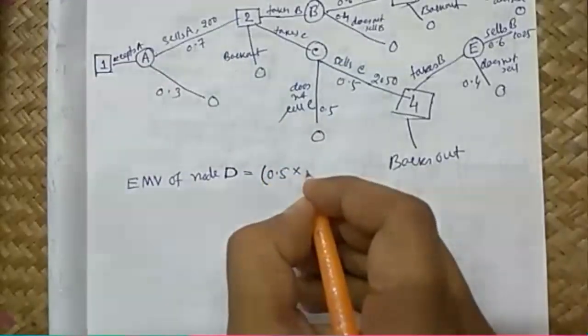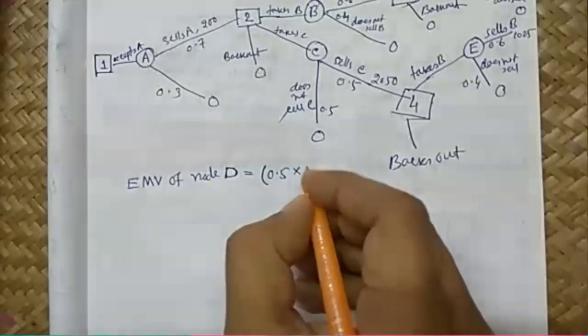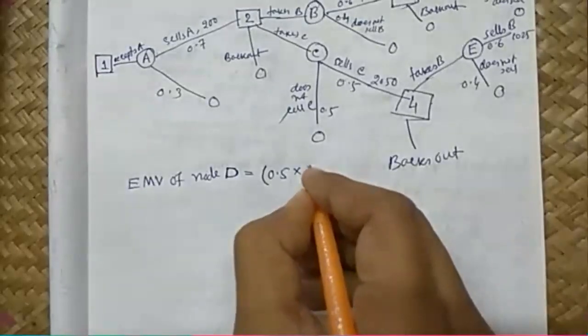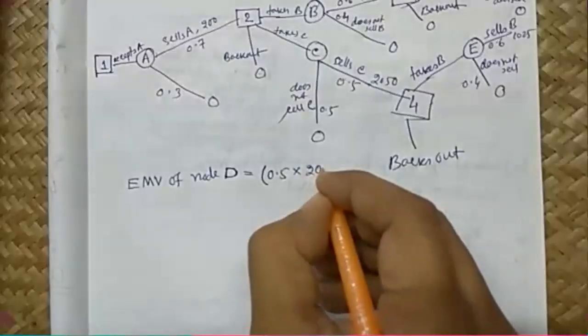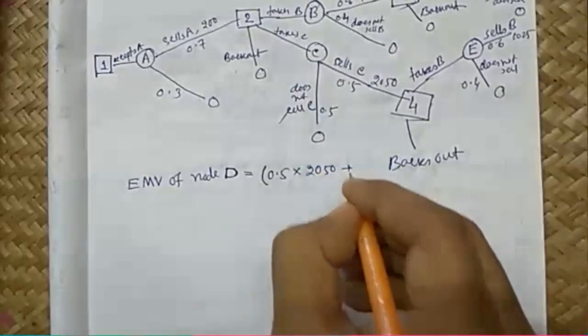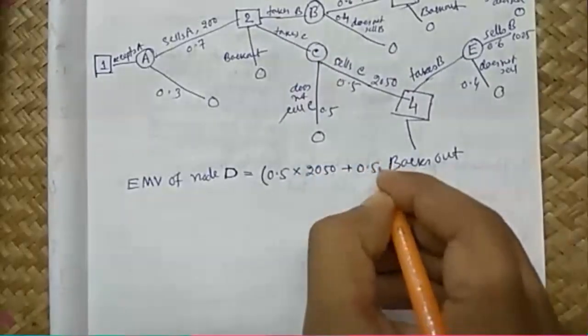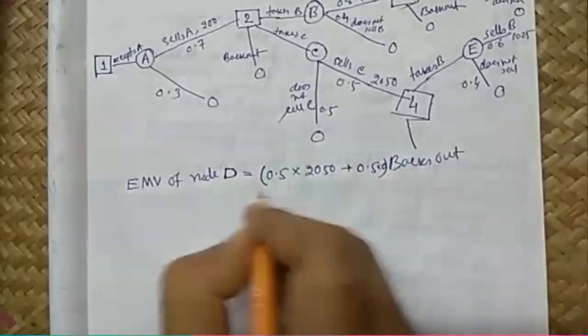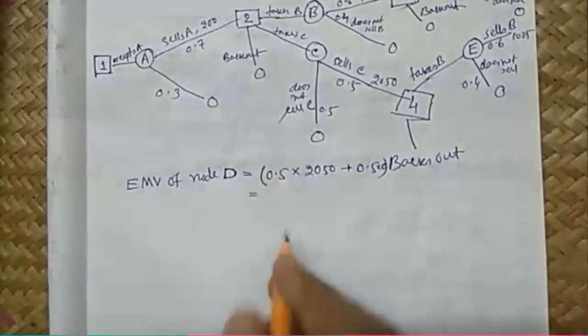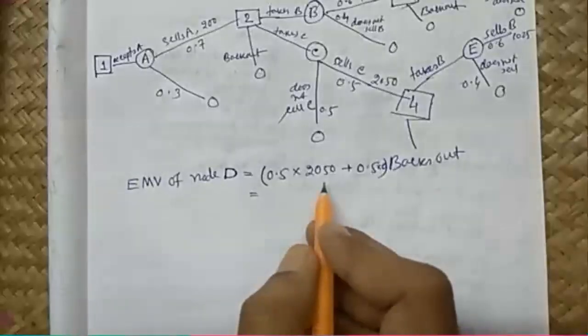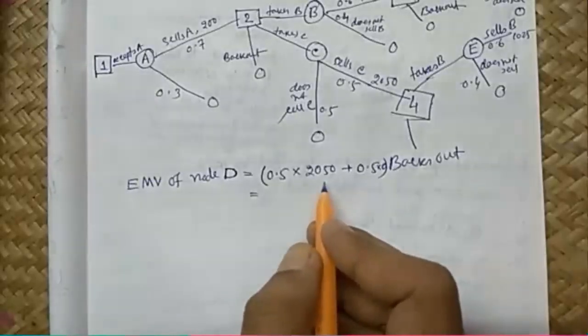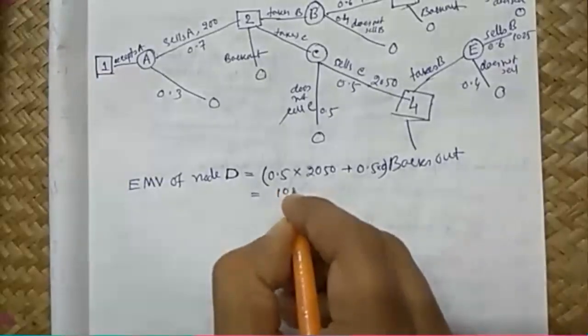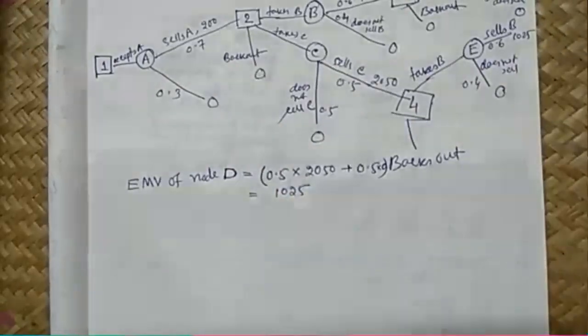So if he sells C, then he gets 2050, which has probability 0.5. And if he cannot sell, that is also probability 0.5 and payoff becomes 0. So this becomes 0.5 into 2050 plus 0, which is 1025.